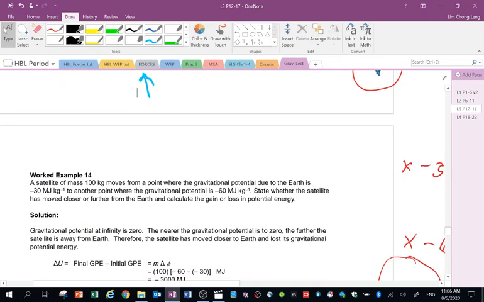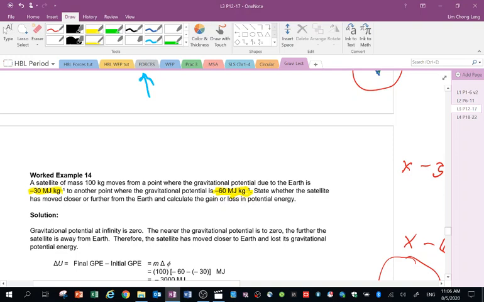Okay, work example 14. A satellite of mass 100 kg moves from a point where the gravitational potential is minus 30 to another point where the gravitational potential is minus 60.